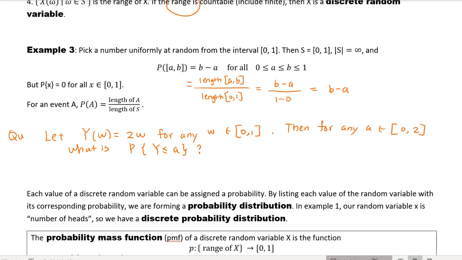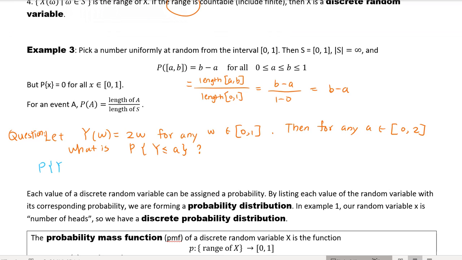So this is the question. We define a random variable Y(w) equals 2w for any w in the interval 0 to 1, and for any a in the interval 0 to 2, what is the probability of Y less than or equal to a? Alright, so let's see.